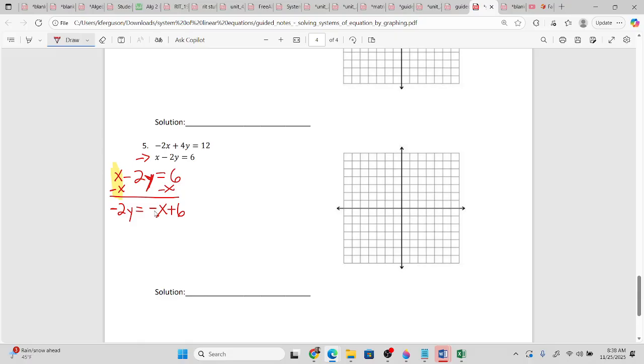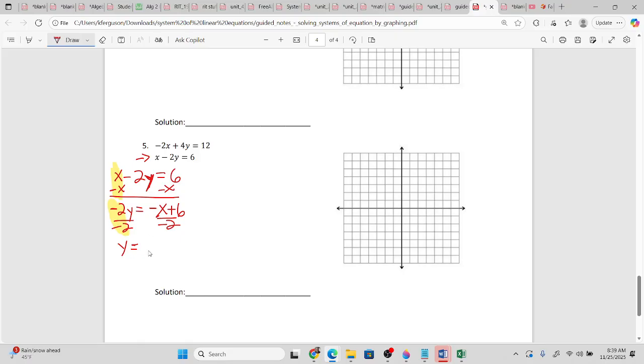And then what's the next thing that I need to do? Divide by negative 2 because I want to get y by itself. This is negative 2 times y, and I just want y. So I'm going to divide by negative 2 on both sides, and these two cancel each other out. So that's going to be y equals negative x divided by negative 2.